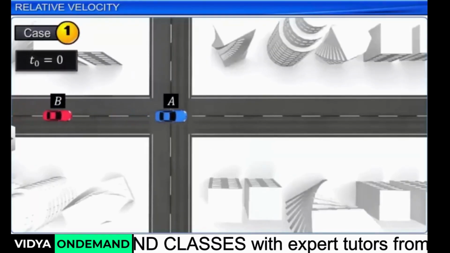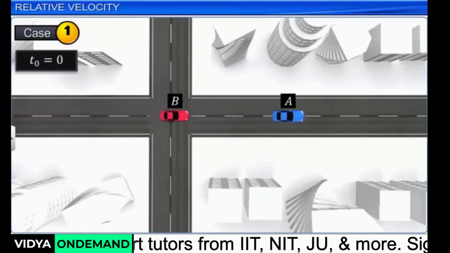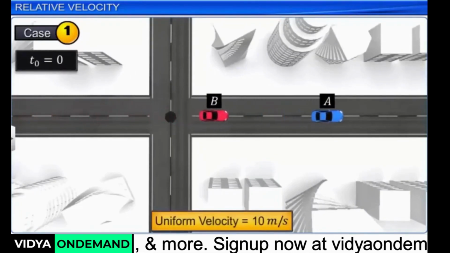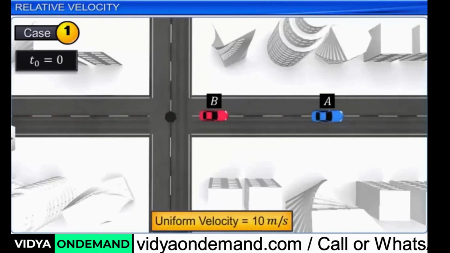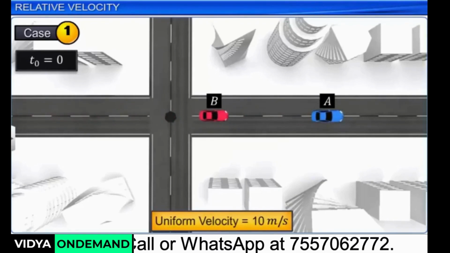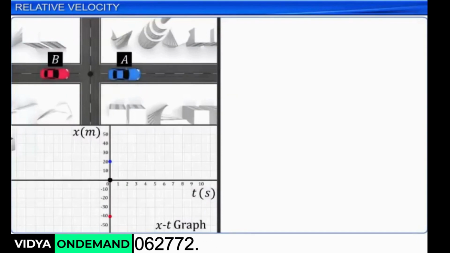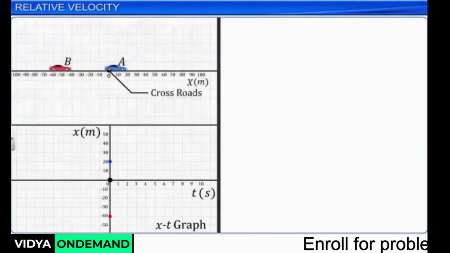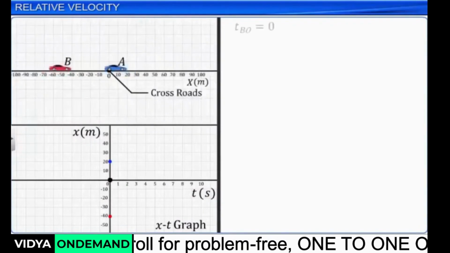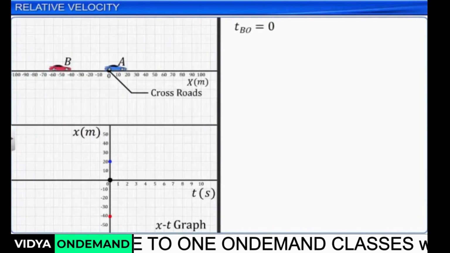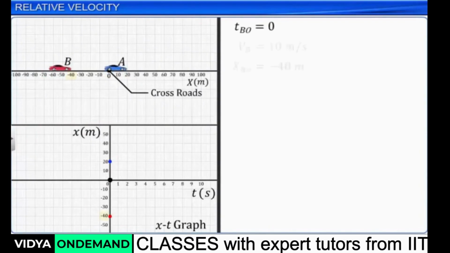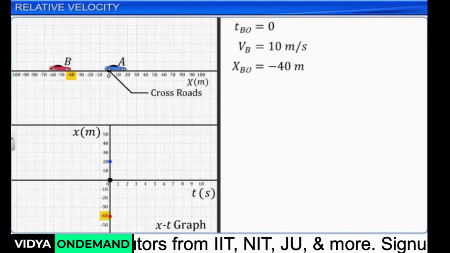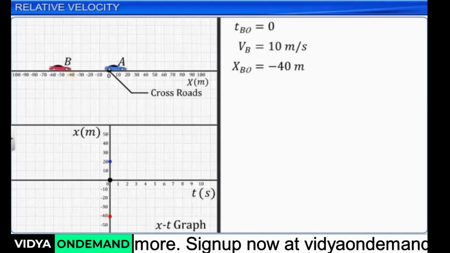Cars A and B are moving on a straight road with equal uniform velocity of 10 meters per second. At the time of initial observation, that is, when t0 is equal to 0, B is 40 meters behind the crossroads, and A is 20 meters in front of the crossroads.